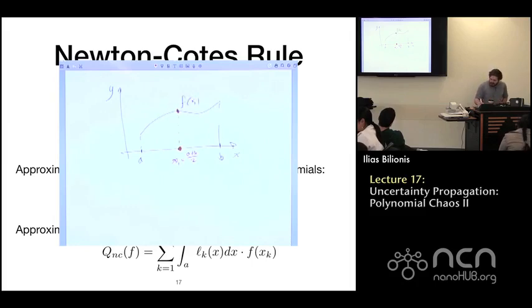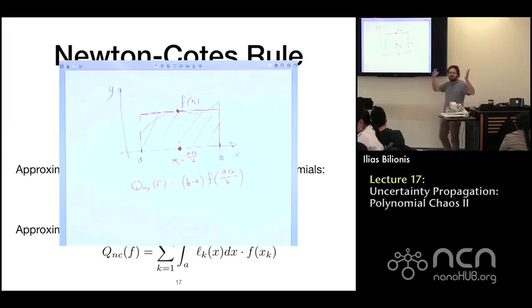Then you approximate the integral, which is the area below the black curve, with the area of this box. So this midpoint quadrature rule is basically b minus a, this is the weight, times f evaluated at a plus b divided by 2.